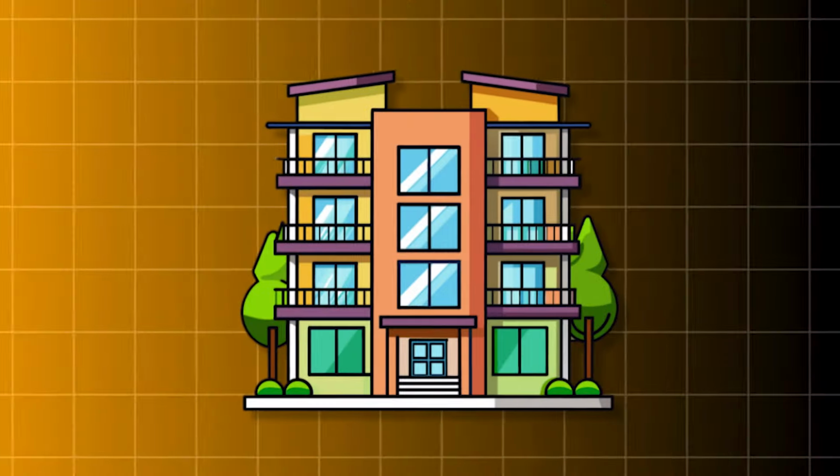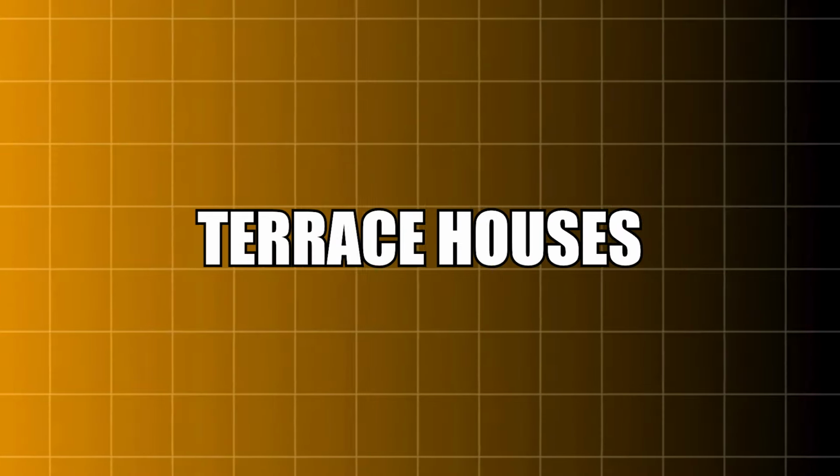But what I'm mainly going to discuss here today is the differences between purpose-built apartments and actual houses, i.e. semi-detached or terrace houses. Mainly I'll look at semi-detached houses versus apartments.